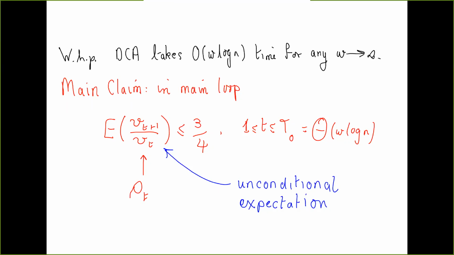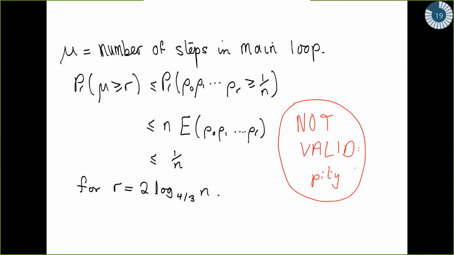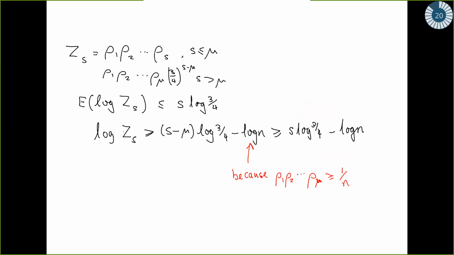Unfortunately, this is not expected value given the history. This is an unconditional expectation. And that makes a problem, because if it was conditional on the history, it would be trivial, and then we'd get a log n.